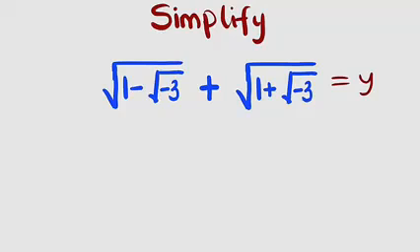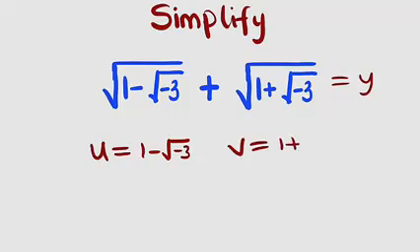Secondly, I would like to let u be equal to 1 minus the square root of negative 3, which is this one. And I would like to let v be equal to 1 plus the square root of negative 3.